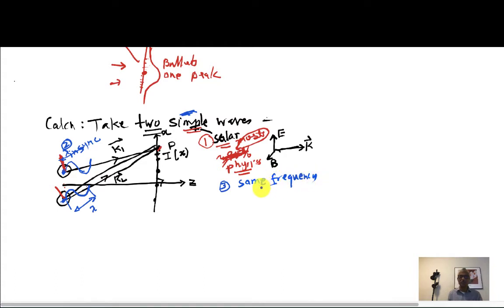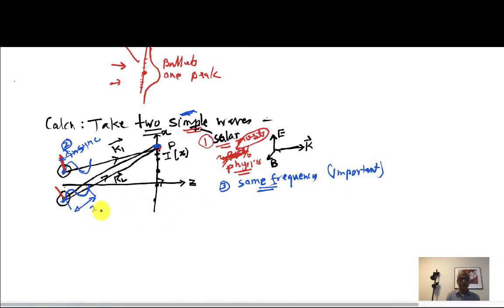Turns out to be extremely important. If they are different frequencies, they can only vary so much from each other, and you're going to lose the effect here. So this is important. Okay, same frequency. All right.